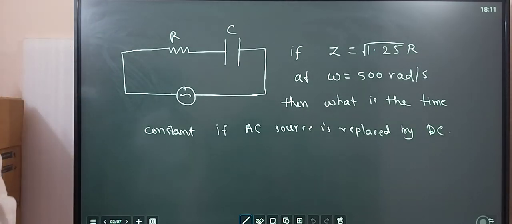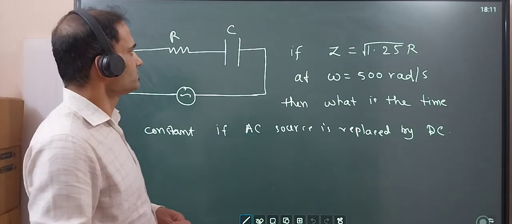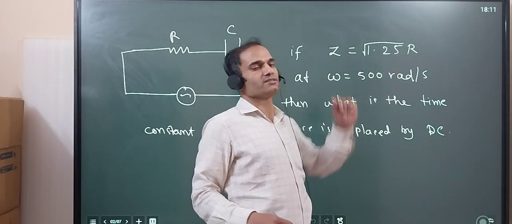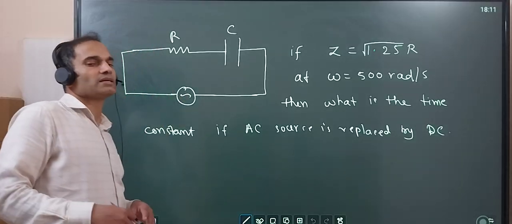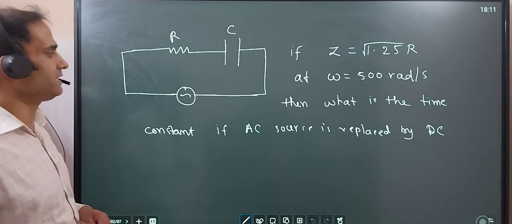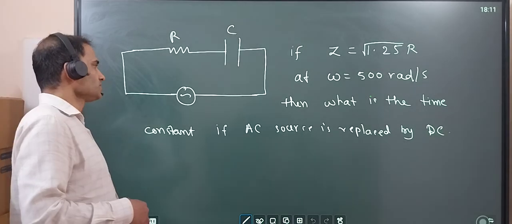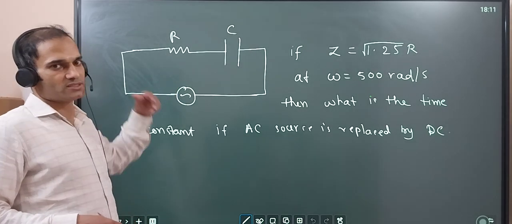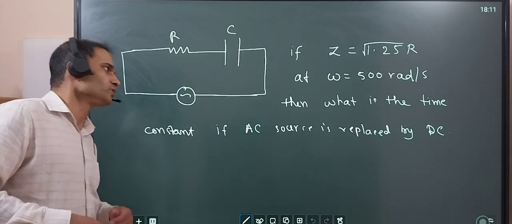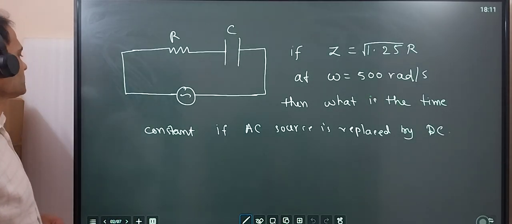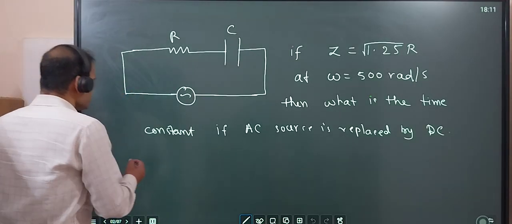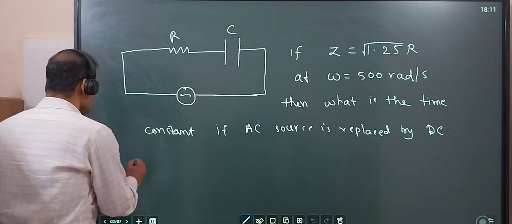Here the relationship between R and impedance Z is given, and we have a capacitance and resistance, and we need to find the time constant of the circuit. Suppose this AC is removed, we are using a DC, we have to find the time constant of the circuit. Now whatever is given, we should go ahead with it.